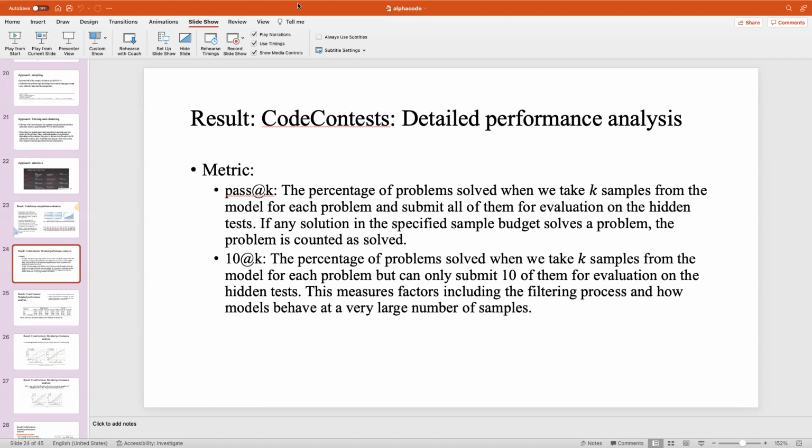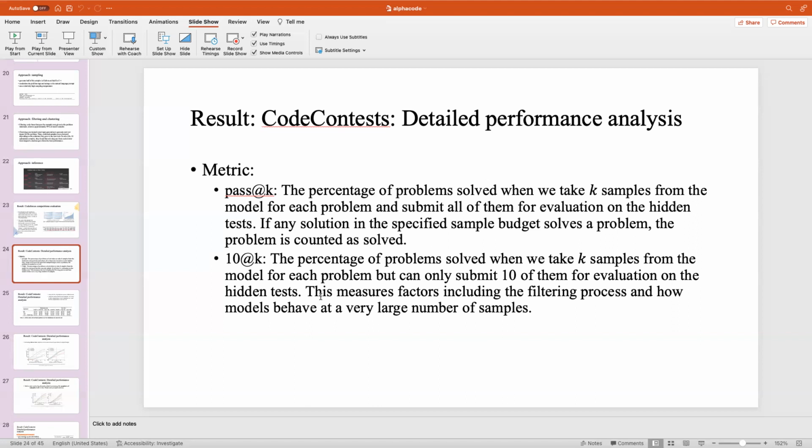So next, the authors validate the model on the test sets of CodeContests. The metrics they use are pass@k and 10@k. pass@k is the percentage of problems solved when we take k samples from the model for each problem. And 10@k means the percentage of problems solved when you only are allowed to submit 10 solutions to one problem for evaluation.